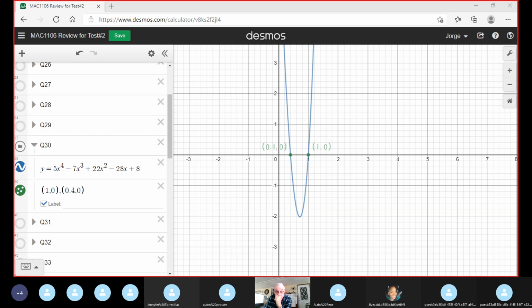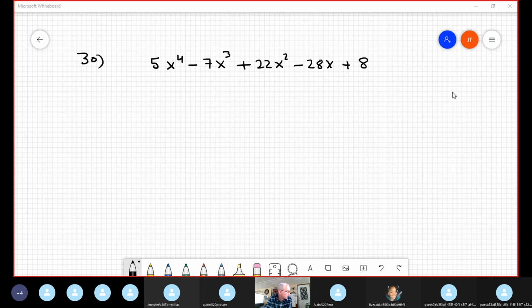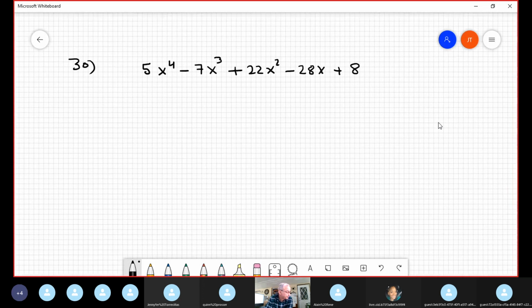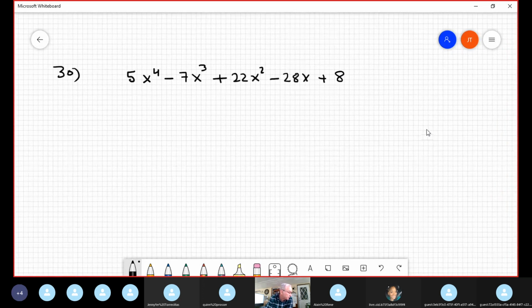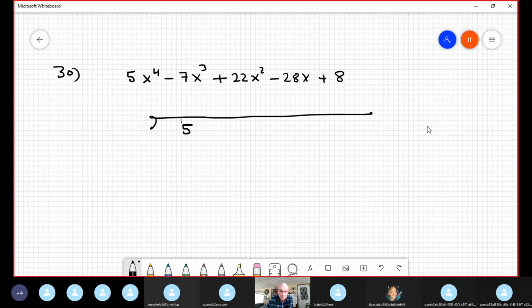But I have some idea. I need to perform synthetic division using 1 and 0.4 or 2/5, whatever you want. Let's see what is the most convenient way. The coefficients are 5, -7, 22, -28, and 8.